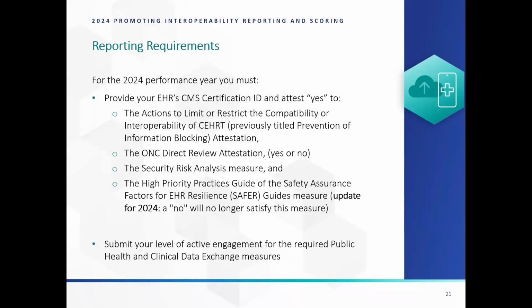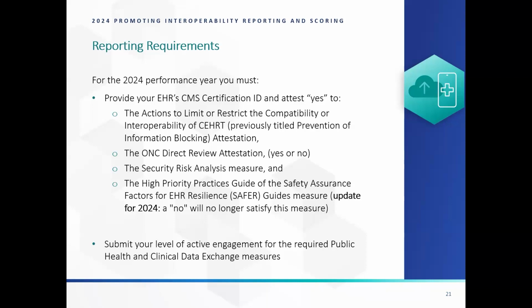The ONC direct review attestation, which essentially means if they're reviewing a vendor and they contact you, you would agree to assist them in their investigation. So for this measure, you can either attest yes or no, but you need to attest one of those choices.